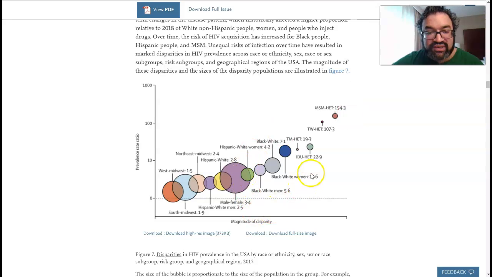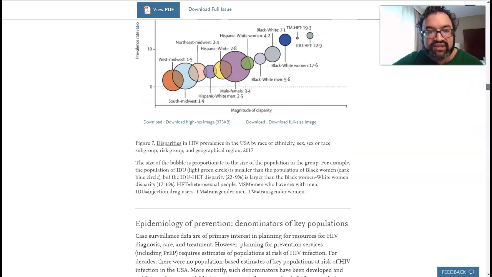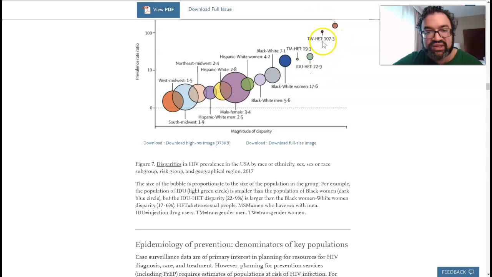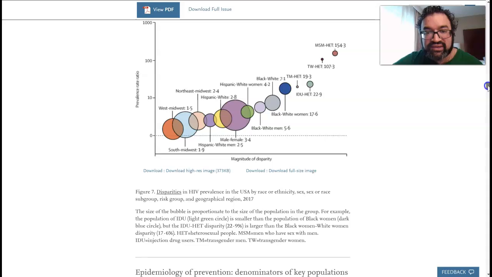These bubble maps are pretty commonplace in the field of epidemiology, showing the magnitude of disparity, with the bubbles being higher accordingly, and then the prevalence rate ratio is higher. What I like about this is that it combines the measures of geographic location of residence, ethnicity, and sexual orientation.